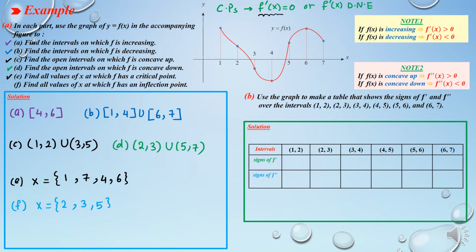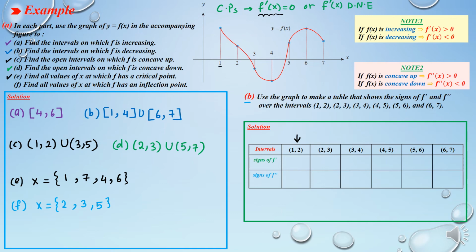Part B. Use the graph to make a table that shows the sign of f prime and f double prime over the intervals from 1 to 2, from 2 to 3, from 3 to 4, 4 to 5, 5 to 6, and 6 to 7. So here the first interval from 1 to 2.